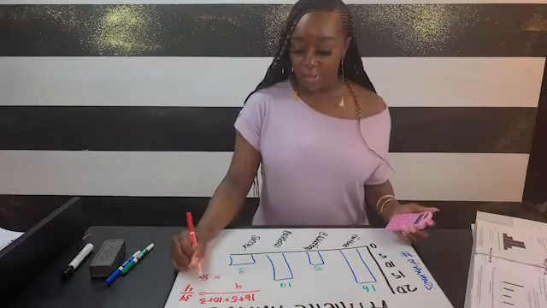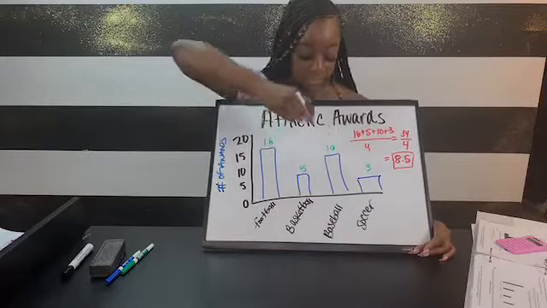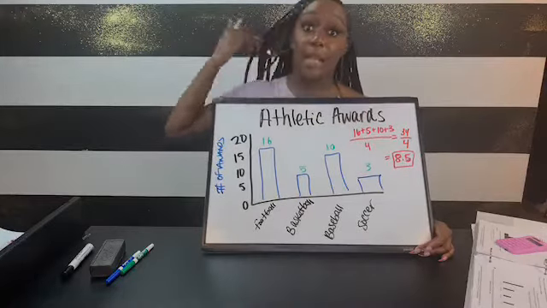So again, if we take it from the top, they gave us a graph, and the question said, based on the graph, what is the average number of scholarships awarded? Your trigger should have been the word average, because we know that the average is the same thing as the mean, which means I would have to add all my values together and divide by the number of values. First things first, we had to label the graph and say what the values were, because sometimes they won't give it to you.